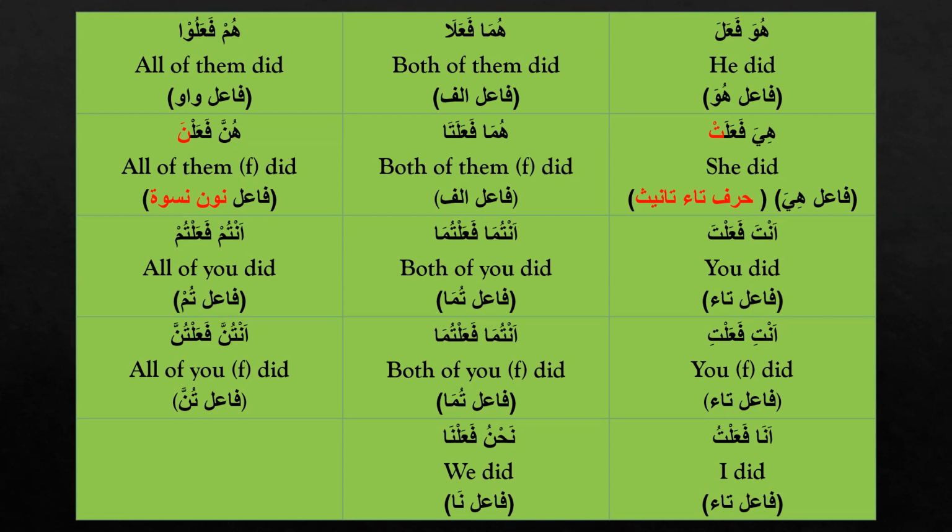Okay, and we have learned the 14 forms of the fi'l madi, and please notice all the fa'il, the doers, for each form here. Again, remember that, as I mentioned, when you are studying fi'l madi, please look at the endings, because if you are solid in your endings, it will be very easy for you to learn and memorize the fi'l madi charts for more root letters to come, inshallah.